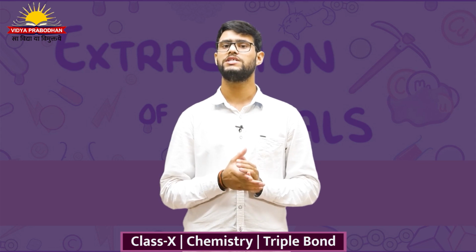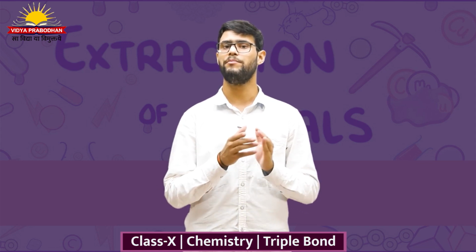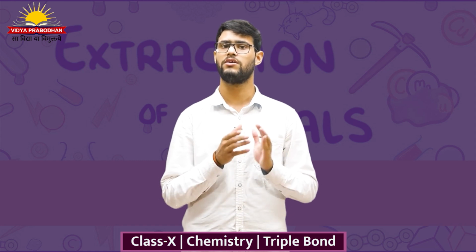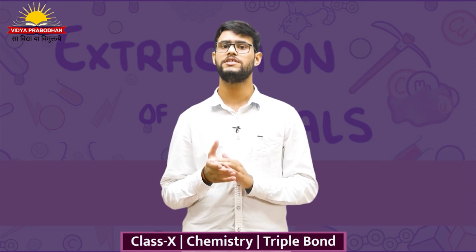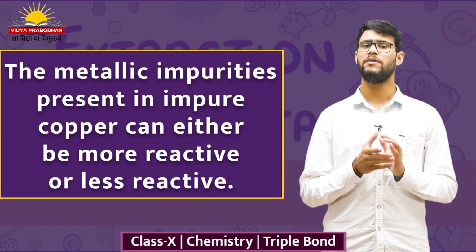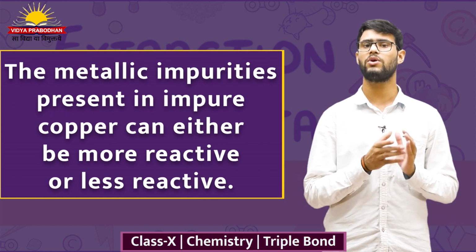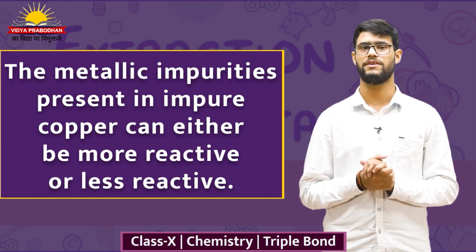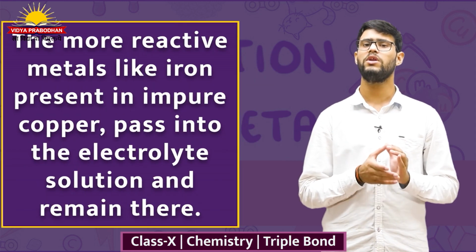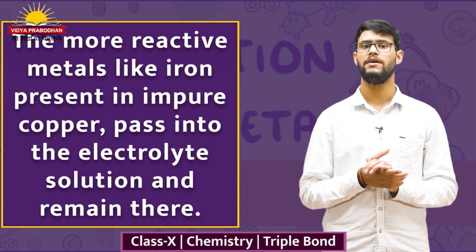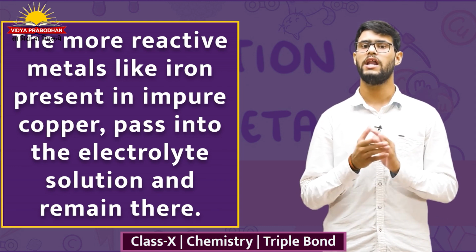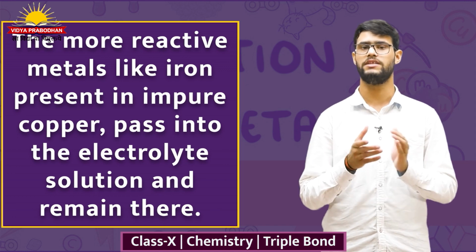We will now discuss what happens to the metallic impurities present in the impure copper, that is crude copper, which is being refined. The metallic impurities present in impure copper can either be more reactive or less reactive. Now, the more reactive metal like iron present in impure copper passes into the electrolyte solution and remains there.